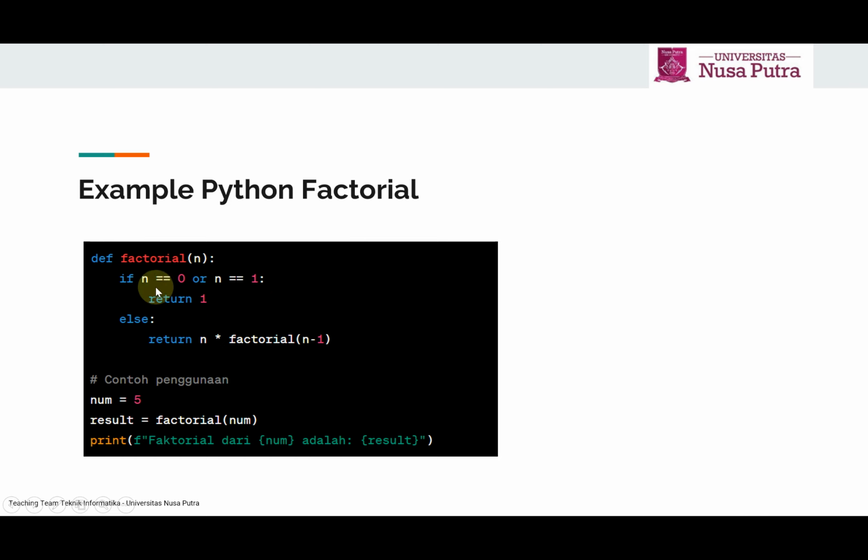Else, for factorial 2, factorial 3, we return n multiplied by factorial of n minus 1. For this example, I put 5. We can make a variable result, factorial of 5, and we print it.